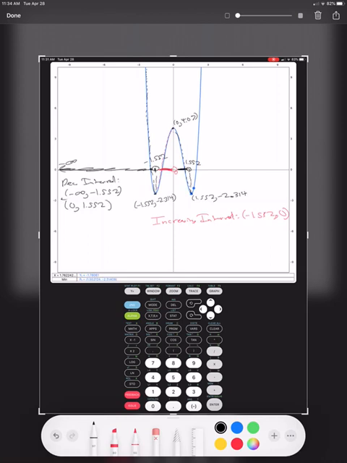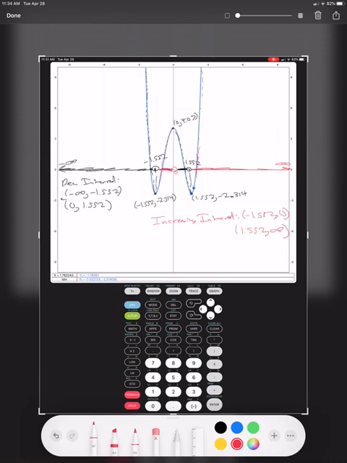And then we're back up again. As we look from 1.552 all the way to infinity, the graph is increasing in value. So we have a second increasing interval, 1.552 to infinity.